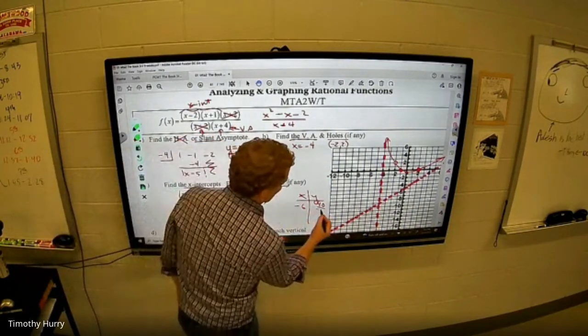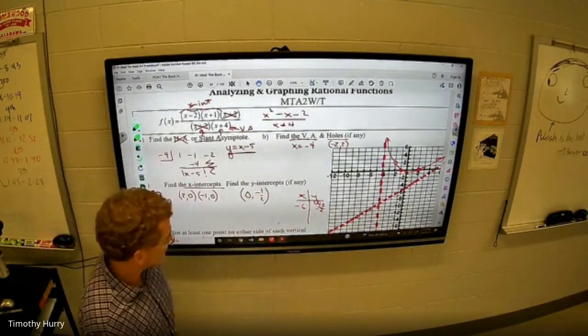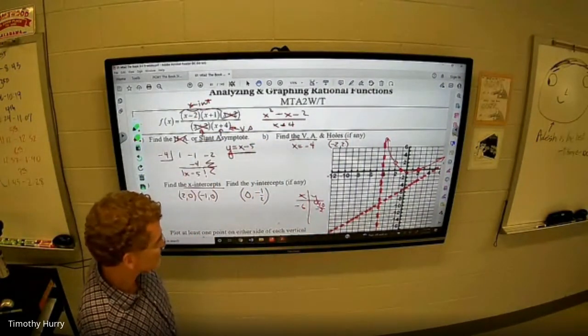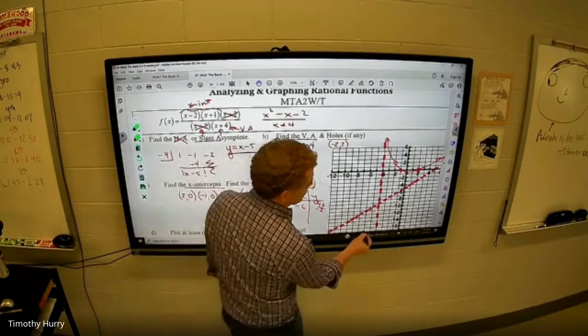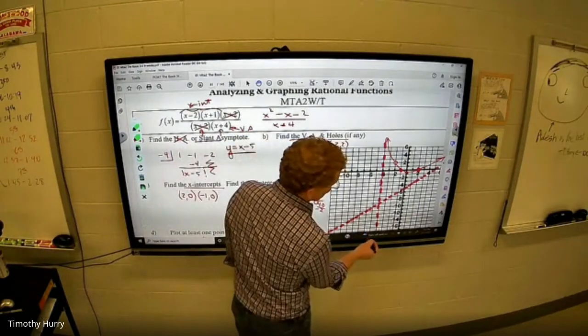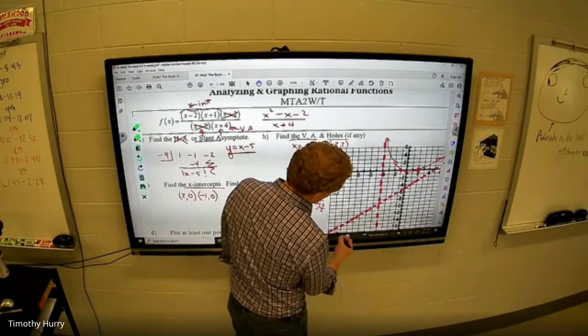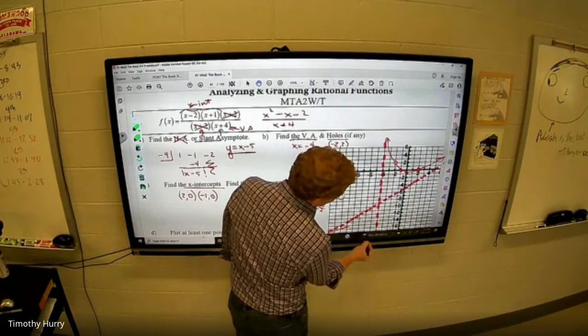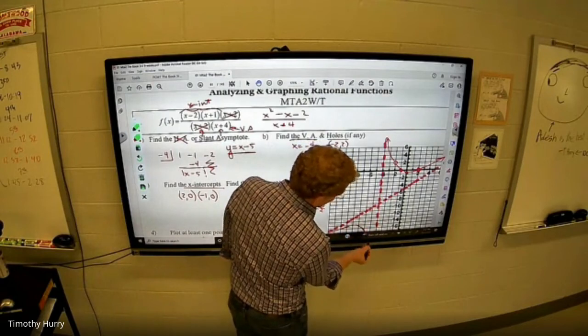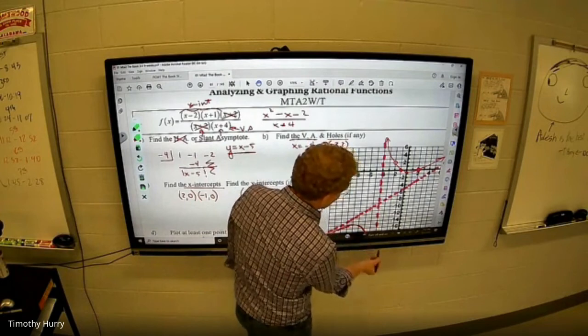So that would be what? A -20. And -20 is off my screen. I don't even see it, but at least I know it's somewhere down there, right? So I would probably do this, and then at -6, wherever that -20 is, I would be down there hitting it. And again, all I need is 1 point.